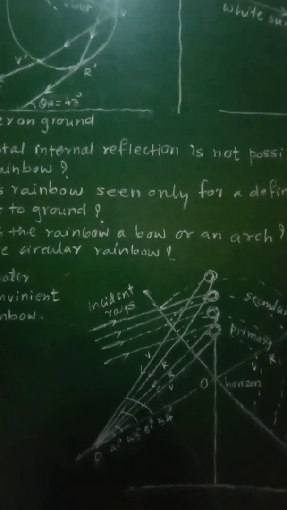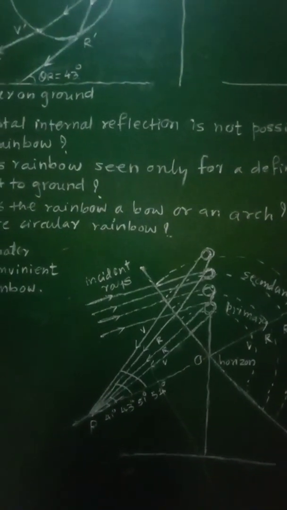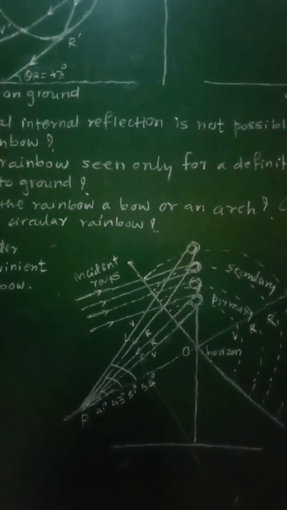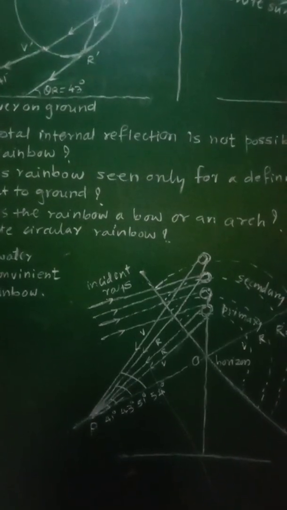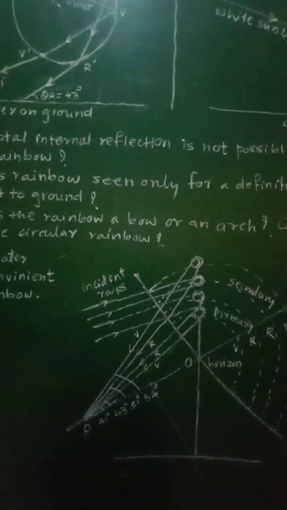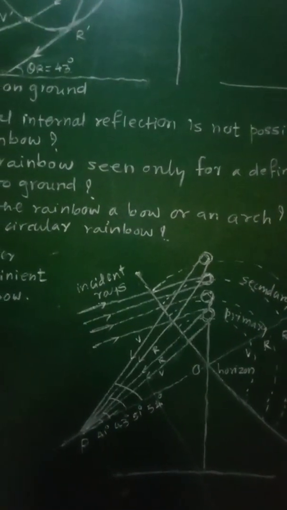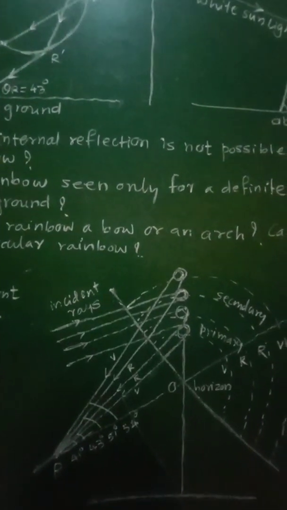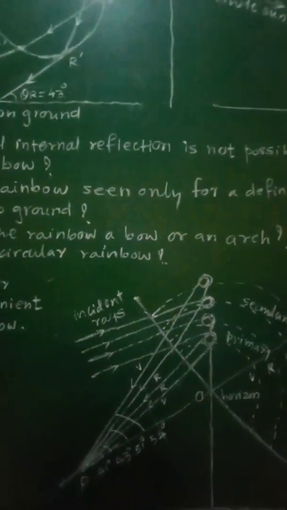So after minimum deviation, when that curve is not parallel to the x-axis, there will be a large angular dispersion of light and thus not enough intensity for visibility, and therefore rainbows will be seen only for a definite angle range with respect to the ground.